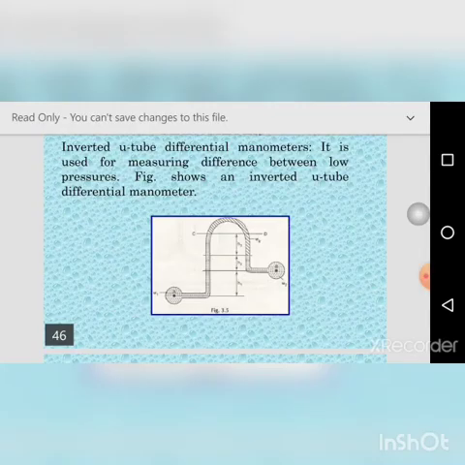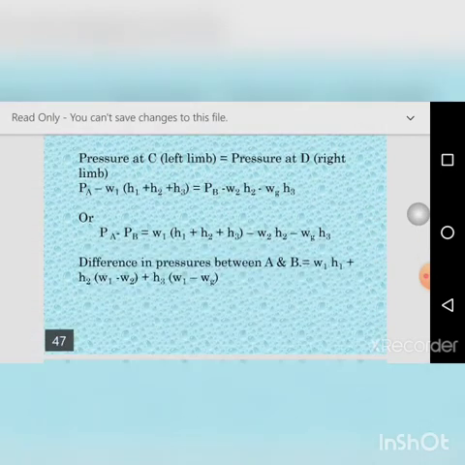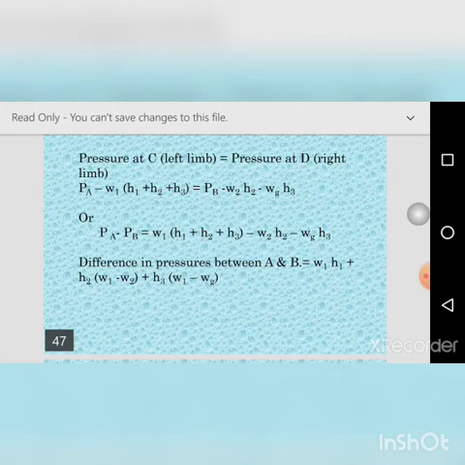Here again you have to find out the difference in manometric liquid level. From that, by taking a common datum and equating the pressure in both the limbs, you can find out the difference in pressure between the 2 points A and B. So you are equating the pressure at C and pressure at D in the right limb, and the expression is given, and you have to find out the difference between PA and PB.